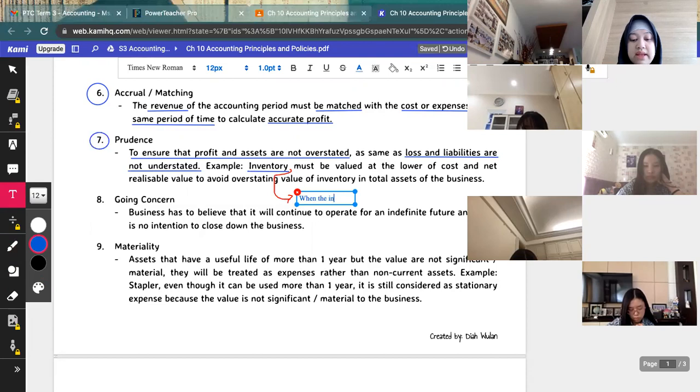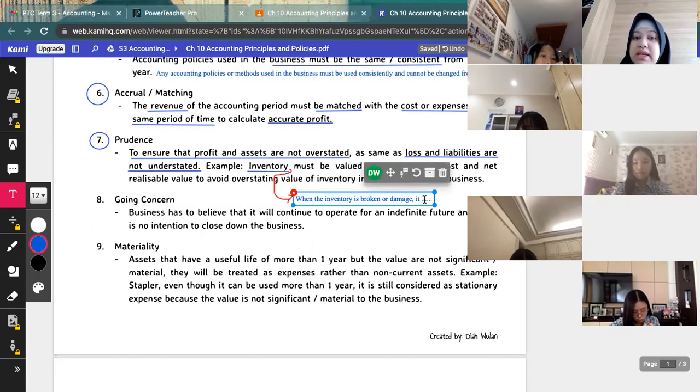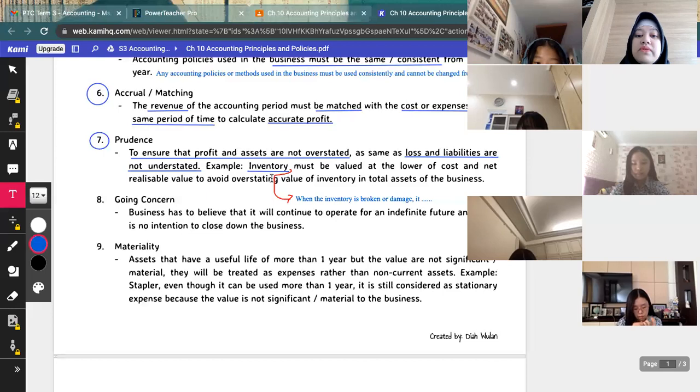When the inventory is broken or damaged, then it must be valued at the lower of cost and net realizable value to avoid overstating the value of inventory in the total assets of the business.